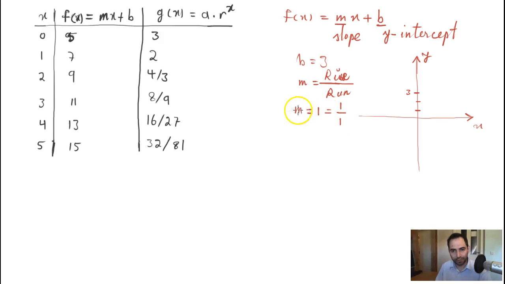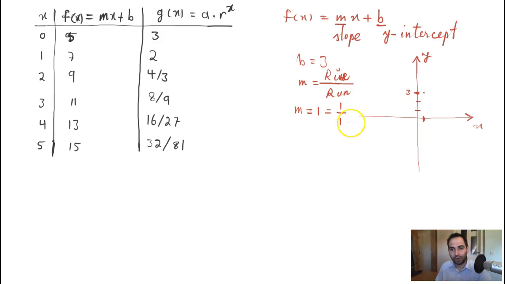In the case of this function, for every unit of run, if I want to run from this point to the next point on the graph, let's say I run for 1 unit. 1 horizontal unit would be here, so I end up right here, in the positive x direction.